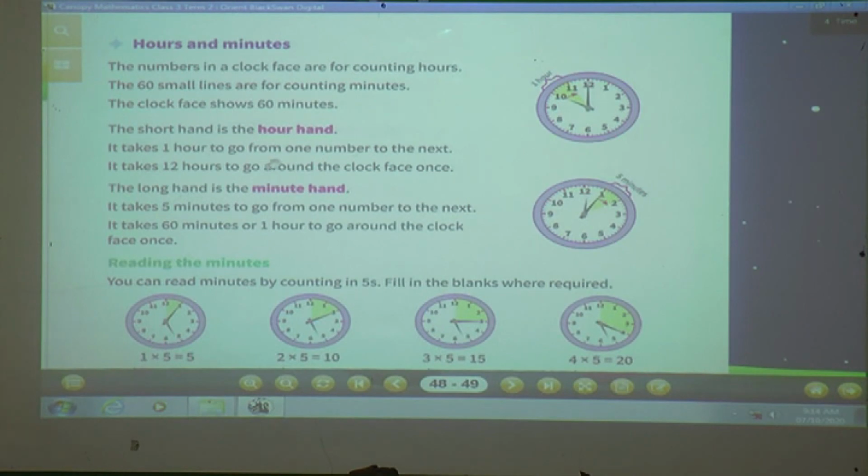It takes 1 hour to go from one number to the next. It takes 12 hours to go around the clock face once. Now the hour hand is on 10.